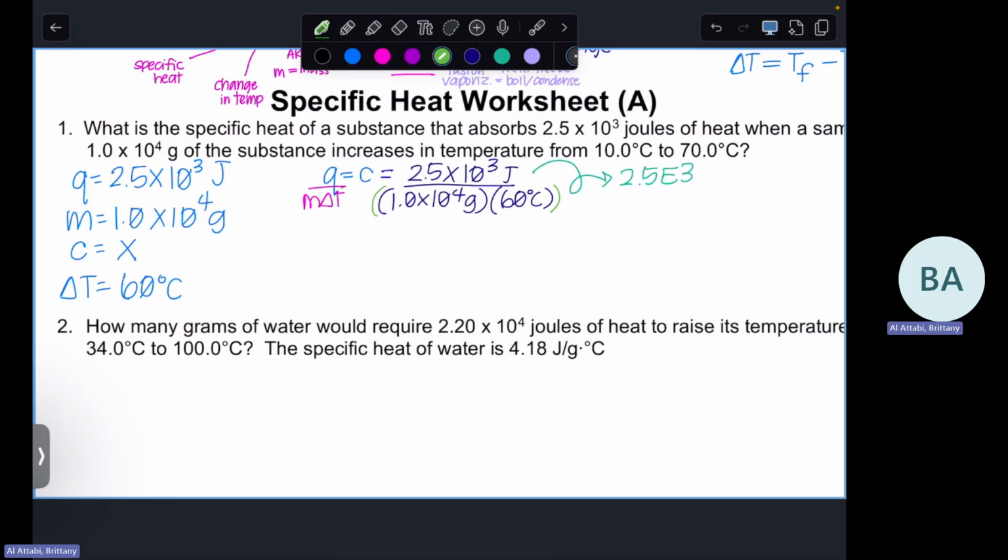Oh my God. That's not right either. Well, maybe it is. What'd you get? Yeah. All right. You should have gotten a really small number for this. C equals 0.004.